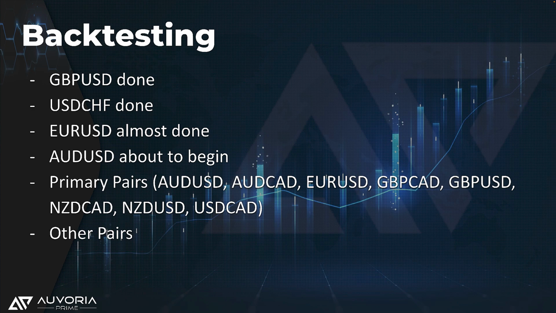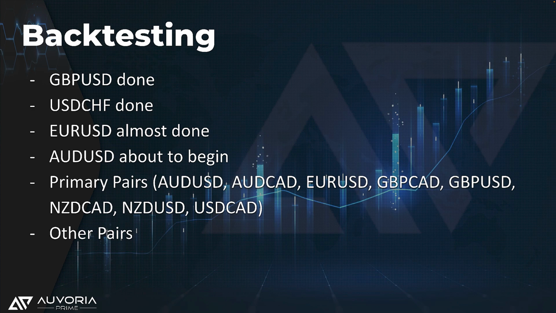So as far as the backtesting, it does take a lot of time because we are optimizing many settings for over 10 years. And so at this point, we have completed, a while back now, GBP USD. We completed USD Swiss franc. Now that is not a native pair to Kraitos Elite, but we're also looking now at various strategies.